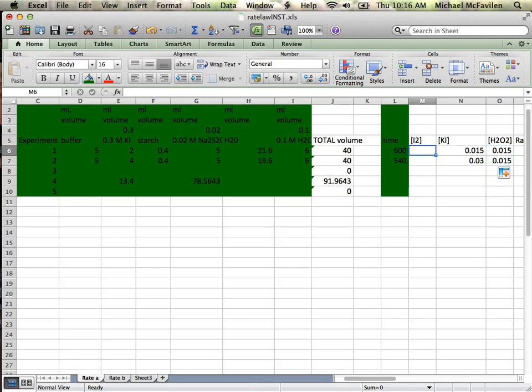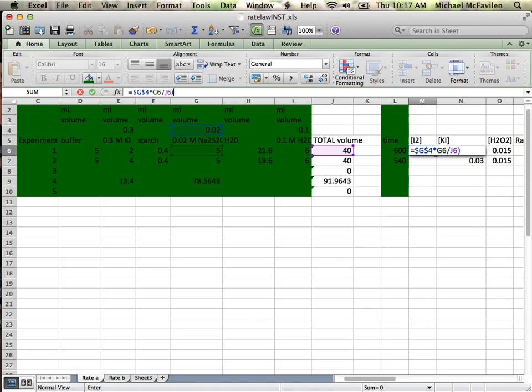Concentration of iodine. How did we do our concentration of iodine? This one will be a little bit more complex. Let's work it together. We said it was related to our thiosulfate, so we took the molarity of thiosulfate. Again, that's a reference that we do not want to change. We multiplied that by the volume of thiosulfate. Then we divided by our total volume, which gives us our molarity for thiosulfate.